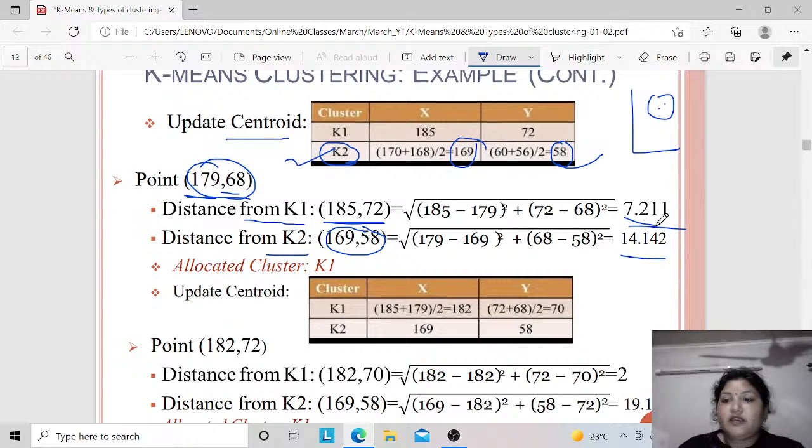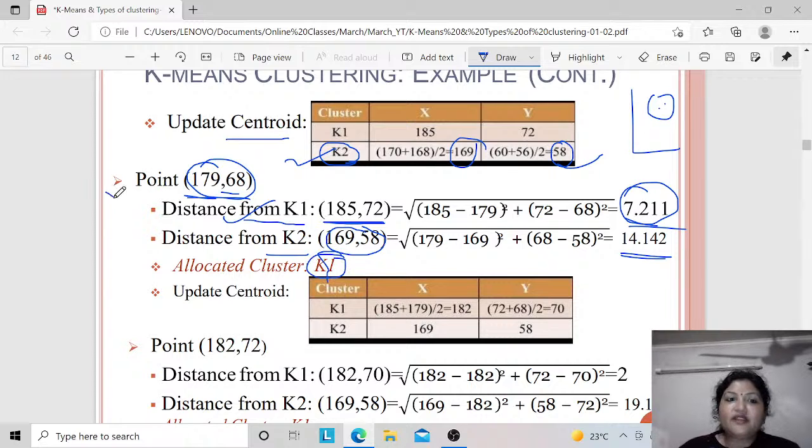So here you will be getting 7.21 and for the second cluster 14.14. So which one is the minimum distance? That is 7.2. So when we have 7.2, this would be my cluster 1. So this time my cluster 1 will be updated.